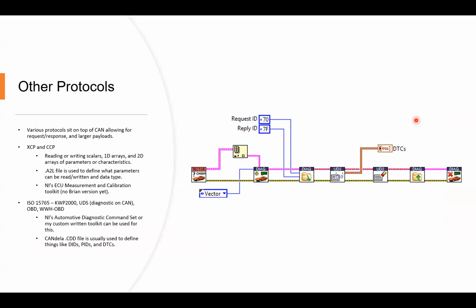We have been going through NI CAN, and these are some of the basic things we can use for measuring the DTC. DTC is basically for diagnostic purposes. If you want to use some diagnostic protocol, then we can use this tool.